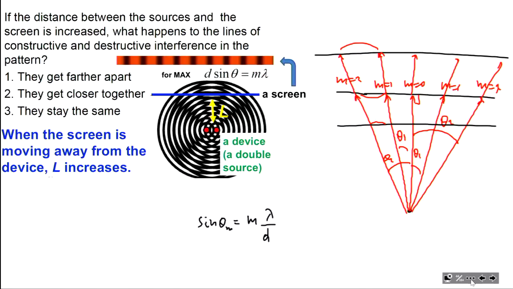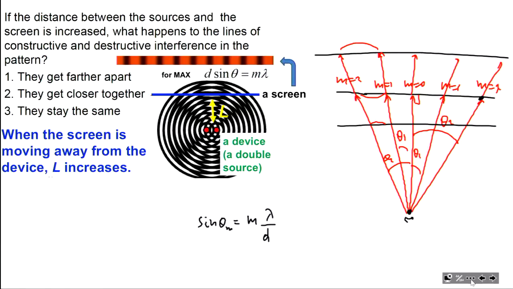What do we change in this equation? Do we change m? No, we're just looking at maximum number 2, for example. Do we change the wavelength? No. Do we change d, the distance between two slits? No. What does it tell us?